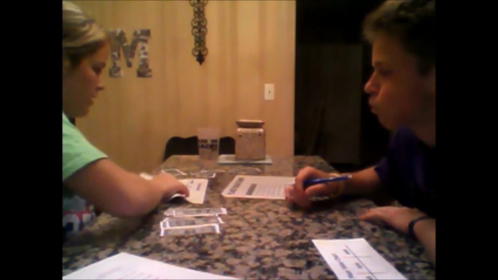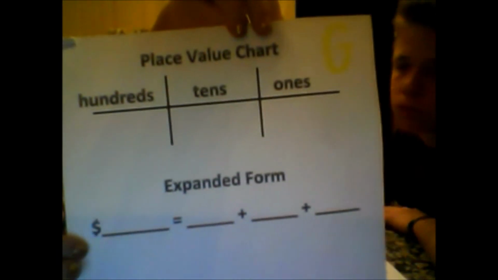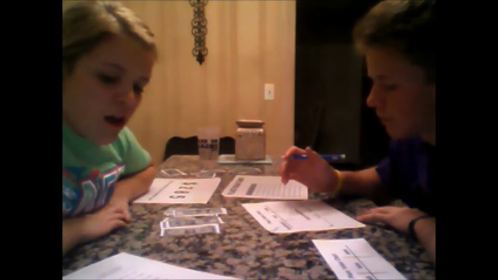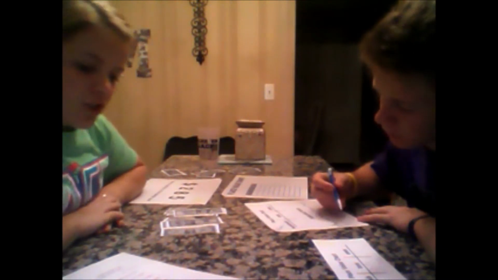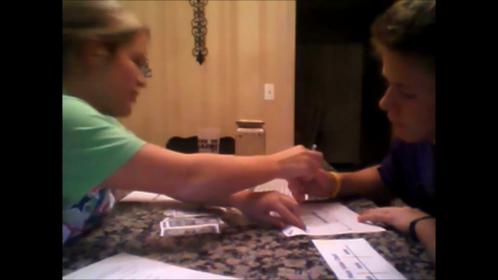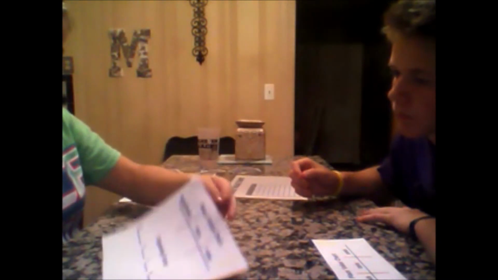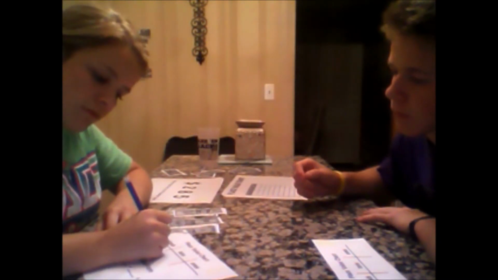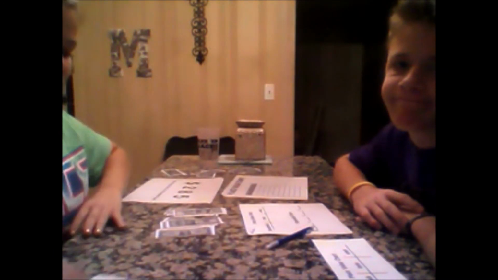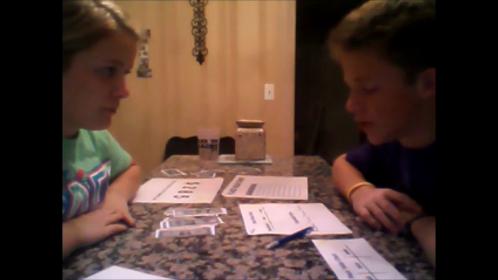All right. Then I'm going to our last chart, blank chart. Okay, I want you to write these numbers on place value chart G. Okay. Oops, I was supposed to do this first. So I'm going to write 260 on the place value chart like this. 260. Okay. Which digit is in the ones place? 0.